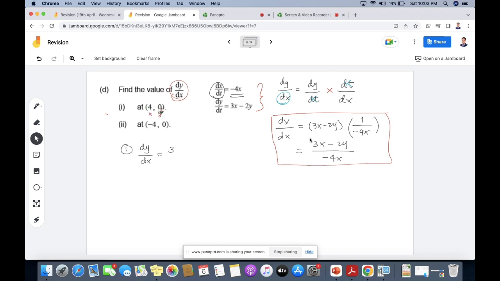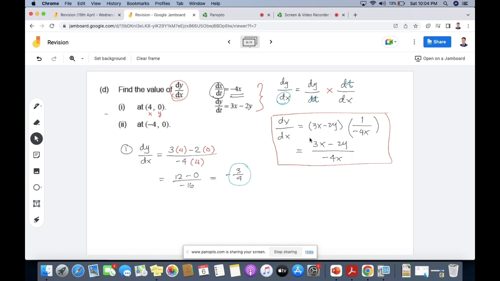So 3 times 4, then you have minus 2 times 0, all over negative 4 times 4. So if we solve this, this is now 12 minus 0 over negative 16. It gives us negative 3/4 if we simplify that.